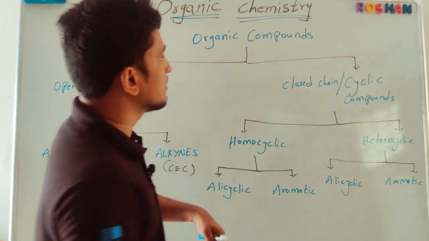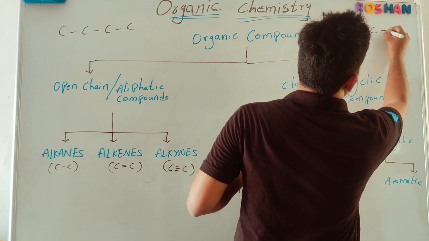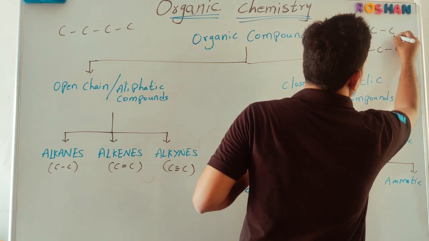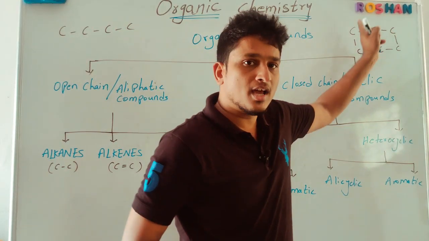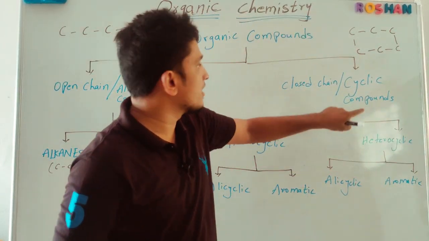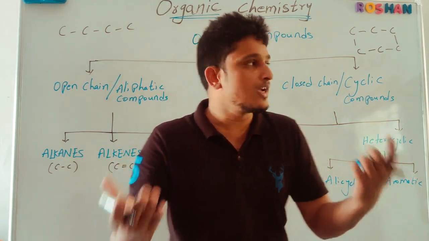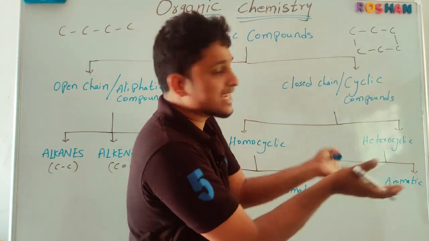Then what is closed? A closed compound means, students, carbon bonds with carbon, and it bonds with another carbon, and look at their arrangement, they are completely arranged in a cyclic manner or not. These compounds are called cyclic compounds or closed chain compounds. There is one more name, ring chain compounds. Why? Because terminal carbons are attached. They have a completely cyclic arrangement.